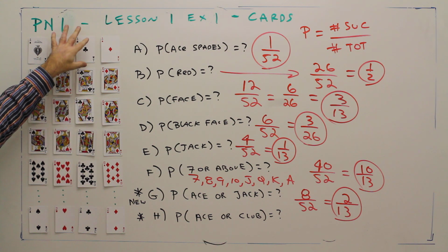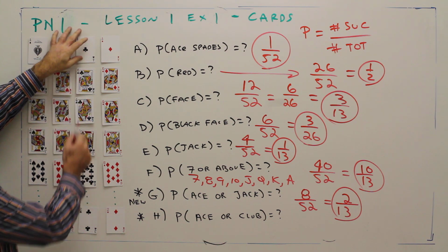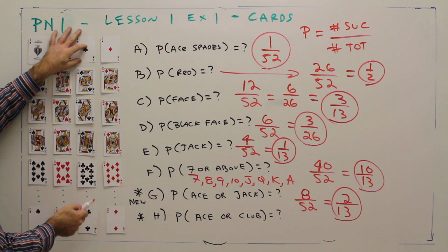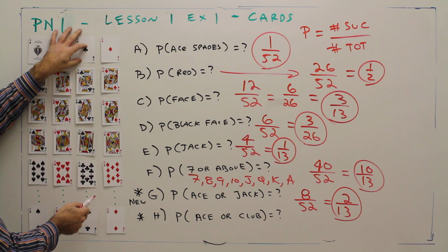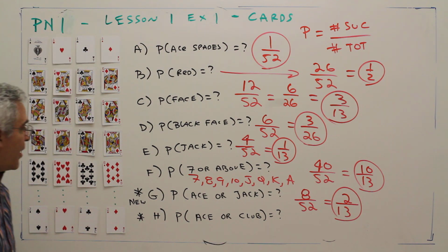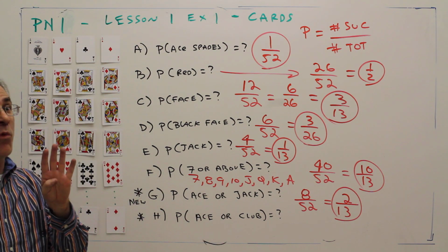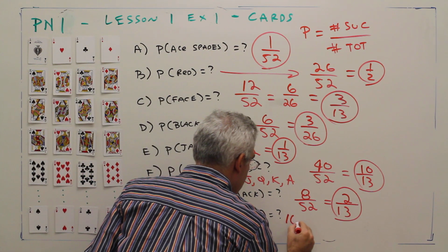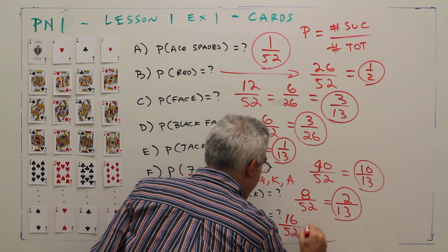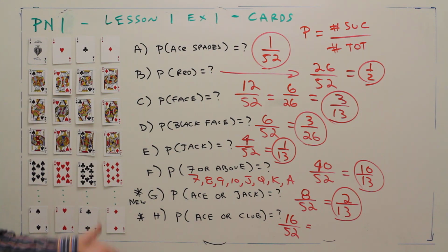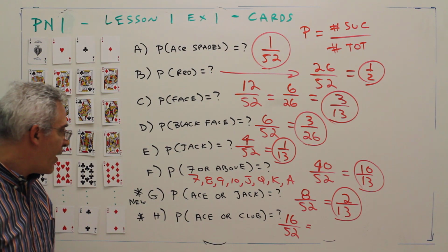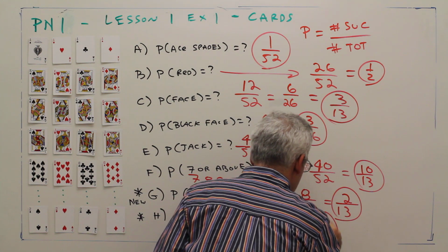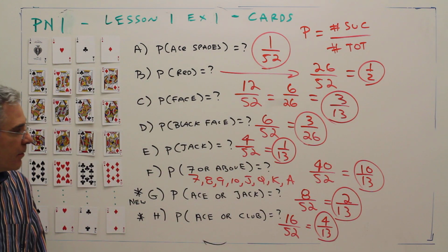So I've got 4 aces, one of them's a club, then I've got 12 other successful outcomes, which are the 12 other clubs. So that's the 4 aces, the 12 other clubs, 16 successful outcomes over 52. I could divide through by 4 and get 4 over 13.